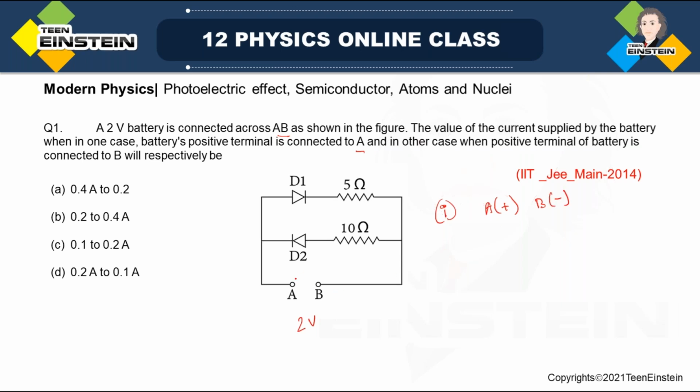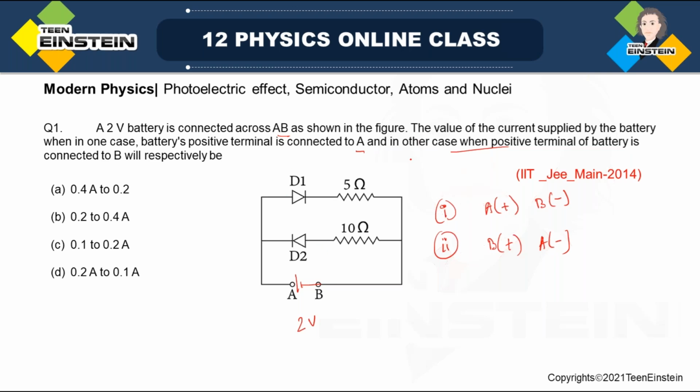Okay, that means this side and this side like this. So this is the first case, and in the second case, in another case, positive terminal of the battery is connected to B. Okay, and negative terminal obviously to A.